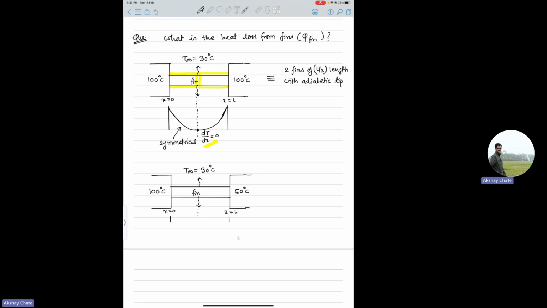So in this case, if you want to see the temperature distribution along the fin length, you'll observe that the temperature will decrease from 100 and then it will increase.